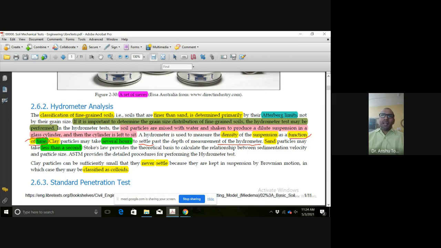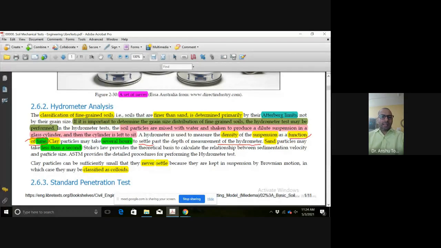Sand particles may take less than a second. So whatever particles have settled down, in what duration, the number of seconds, if it is 1 second or 2 seconds, or even less than a second, you can use a stop clock. What is the amount which has collected at the bottom of the jar?